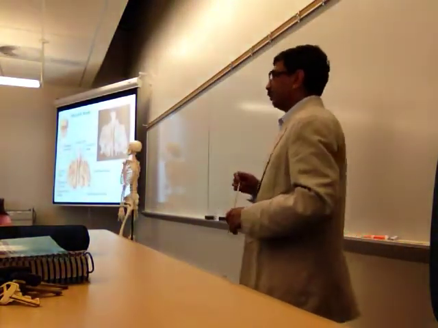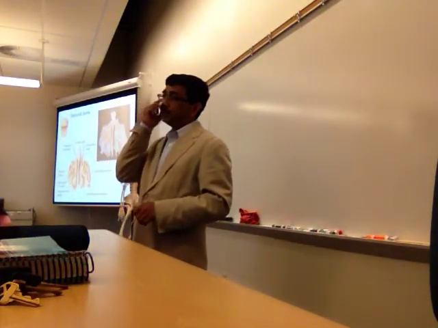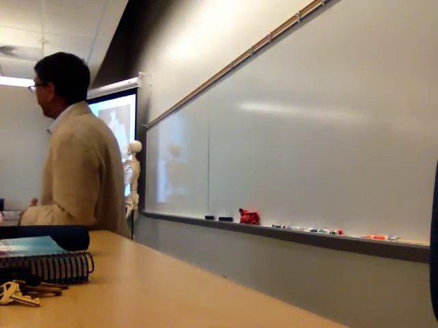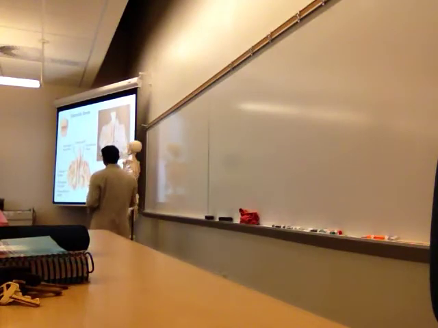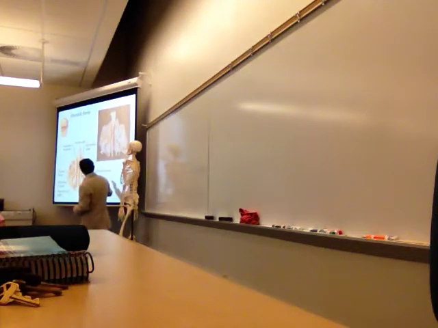Okay, then the ethmoid. Ethmoid bone has a middle part and two lateral masses. So, two lateral masses.